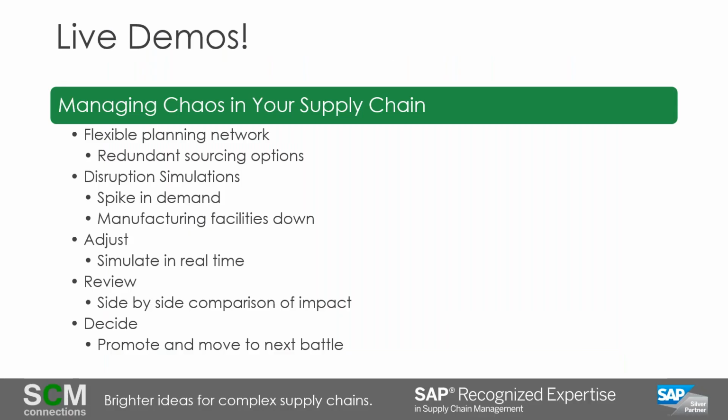So in this live demo, what we're going to show is first the flexible planning network. Now, just for demonstration purposes, it might be on the more simplified route. We'll show you a depiction of it, but nonetheless, simple or complex, the way IBP is set up, it can handle it all. So we're going to show you an instance where we have redundant sourcing options.